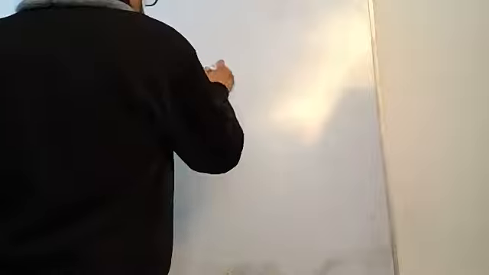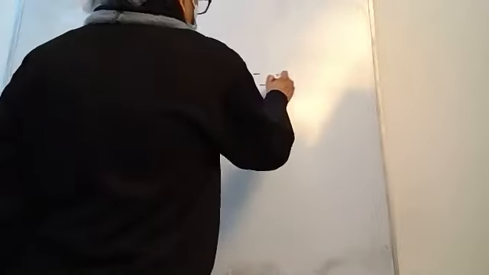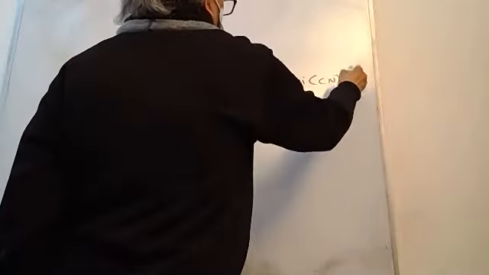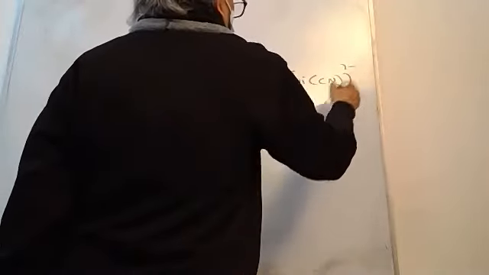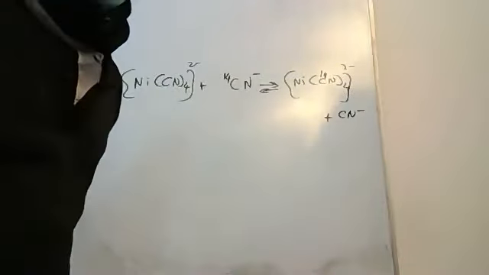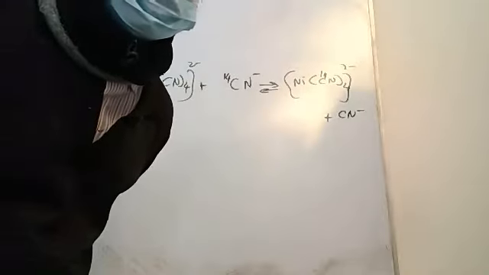Now you try to replace the cyanide with a labeled cyanide. In other words, you use carbon-14 cyanide and then carry out the reaction to see how much radioactivity is in this complex and how long it takes.